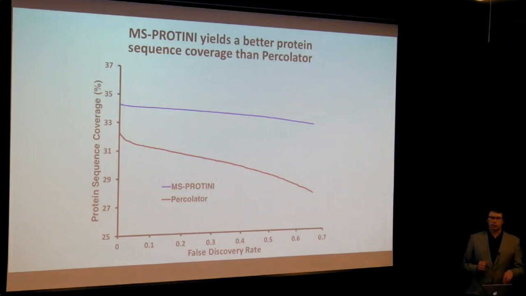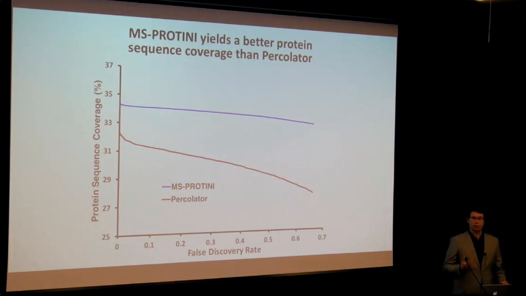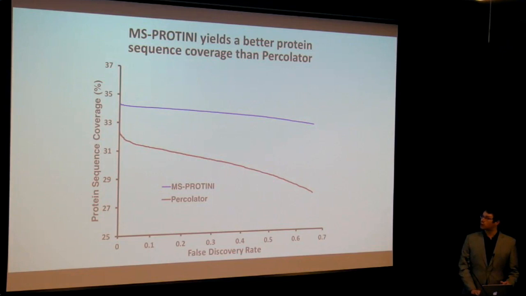And so we were curious: are we making more identifications across the whole scale of proteins, or are we actually seeing improvement in the number or fraction of peptides that we see for each protein? And what we can see is that across a wide range of false discovery rates, we saw a higher sequence coverage, or a higher number of amino acids observed in the experiment, than Percolator.